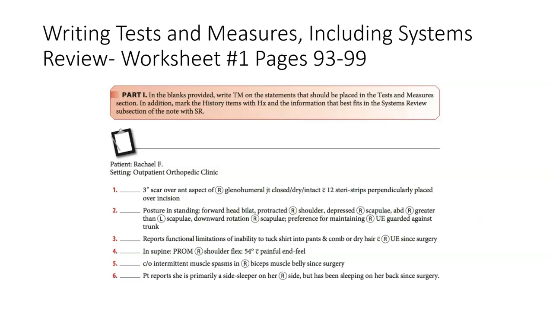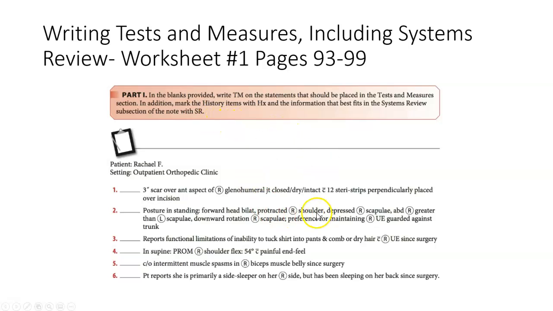So the first portion of the worksheet is going to be some of those statements as far as how they went about documenting their tests and measures or system review. So you're simply going to be marking either tests and measures for things that are in that subsection, history for the information that best matches the system review subsection of the note.